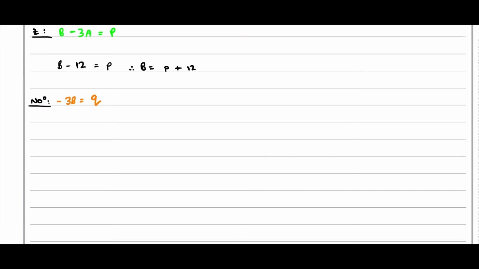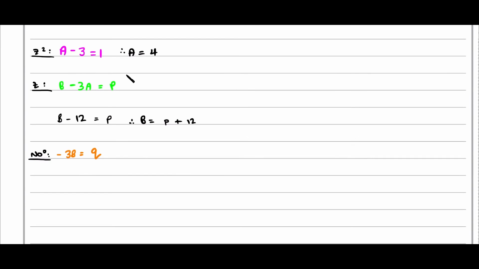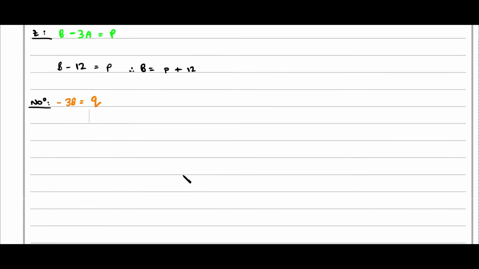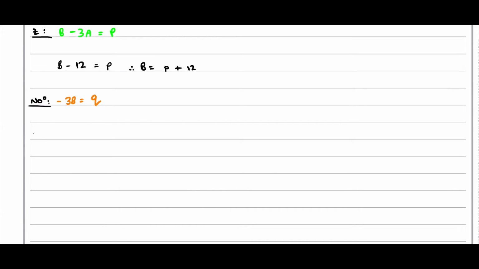So knowing the values of a and b, if we replace a with 4 and b with p plus 12, we can therefore conclude that f of z equals z minus 3 multiplied by z squared plus 4z plus p plus 12.